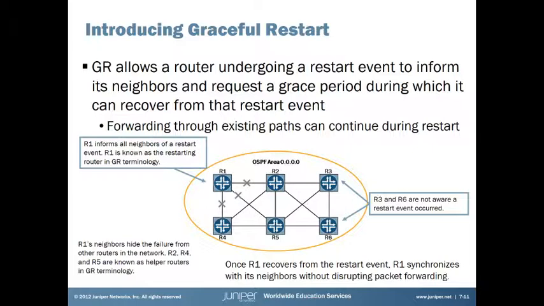How can R1 keep forwarding traffic while its routing engine is restarting? How can that happen? How can R4, R5, R2 keep forwarding traffic to R1 and R1 keep forwarding that traffic while its routing engine is restarting? How can that happen?